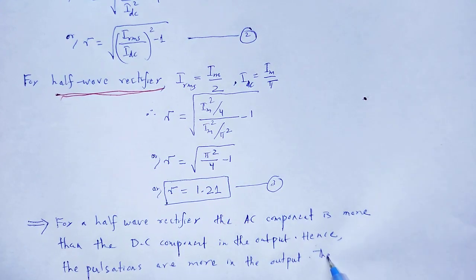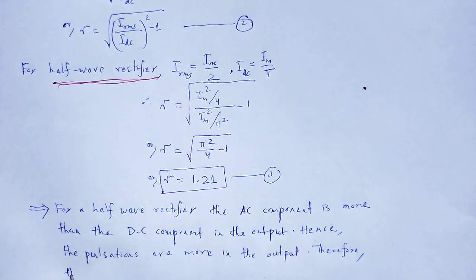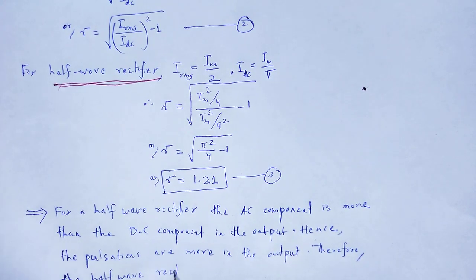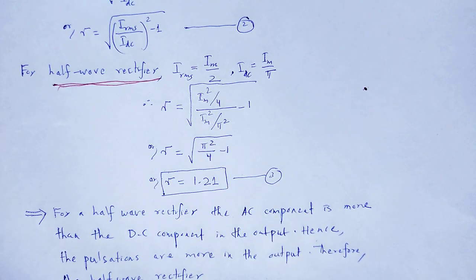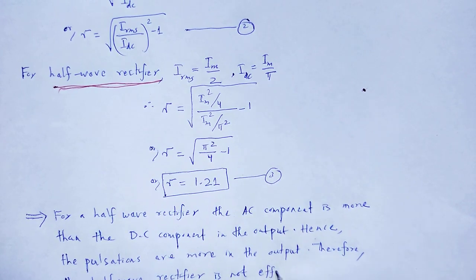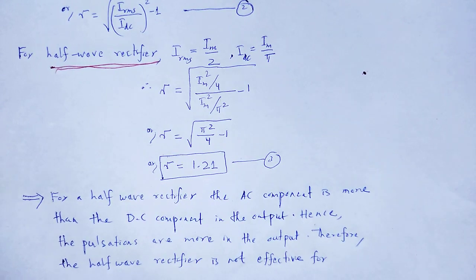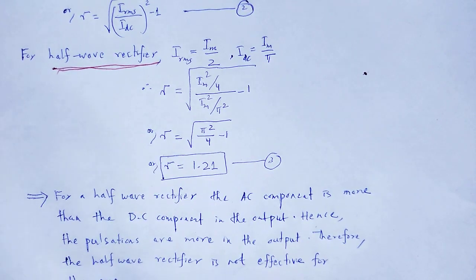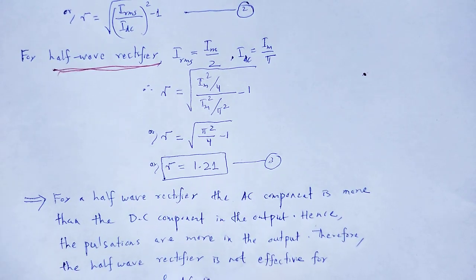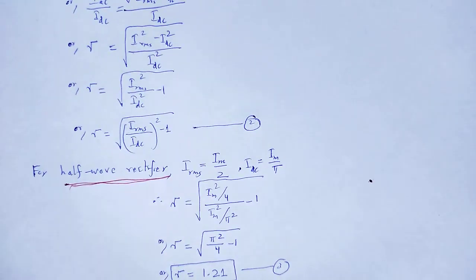Therefore, the half wave rectifier is not effective for the conversion of AC into DC.